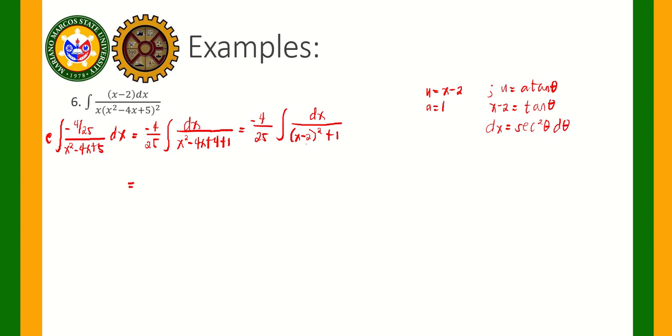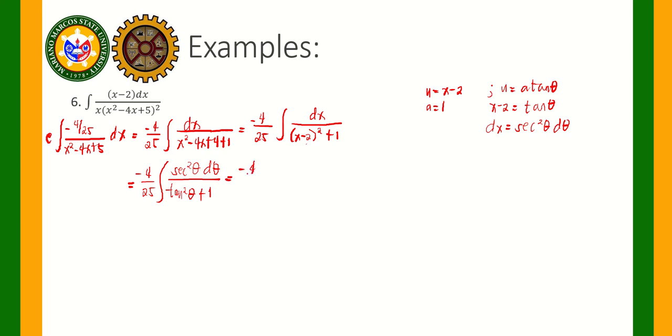So, this will be equal to negative 4 over 25, the integral of dx natin, secant squared theta d theta, all over our x minus 2 is tangent. So, since squared siya, magiging tangent squared theta plus 1. Now, sa Pythagorean relations natin, tangent squared theta plus 1 is equal to secant squared theta.